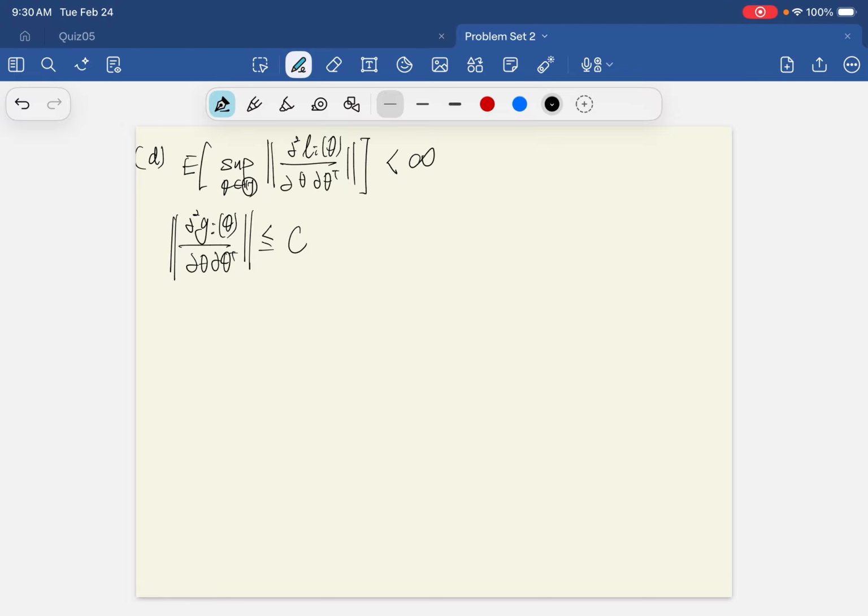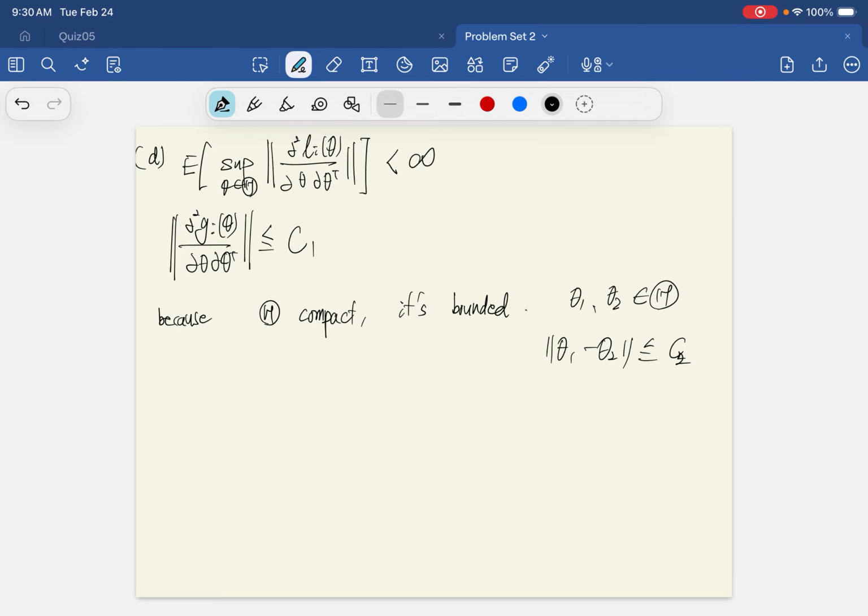Then this will imply, right? And also, because theta is compact, it is bounded. That means for any theta 1 and theta 2 in the set, the distance can be bounded. Let's say C1, C2, okay?